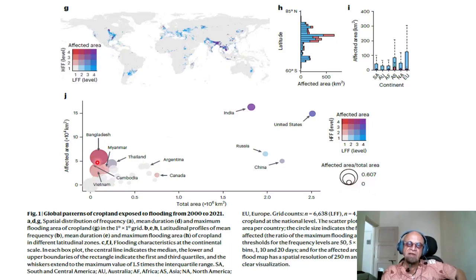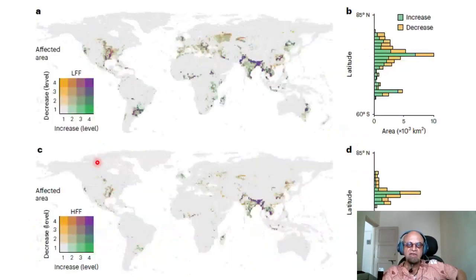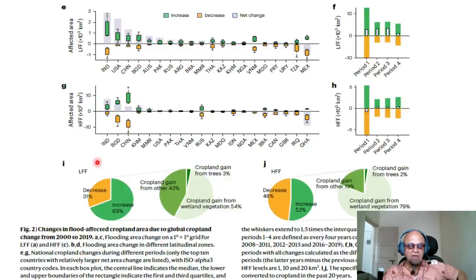It matters because Pakistan is a relatively small country, let's say compared to India, and if it gets heavily flooded, sometimes the entire nation is underwater. So these can matter really, how things are changing and what has been happening already. This is a figure again showing changes in flood affected cropland area due to global cropland change.